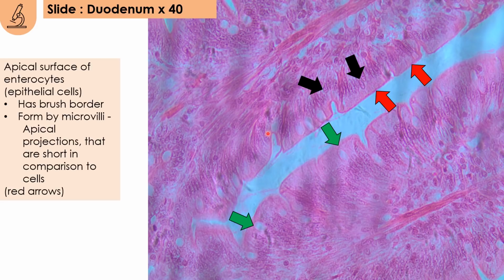Because the microvilli are very short in comparison with the length of the cells, it appears like a border. I did explain already in the lecture. So the striated border or brush border represents the microvilli.